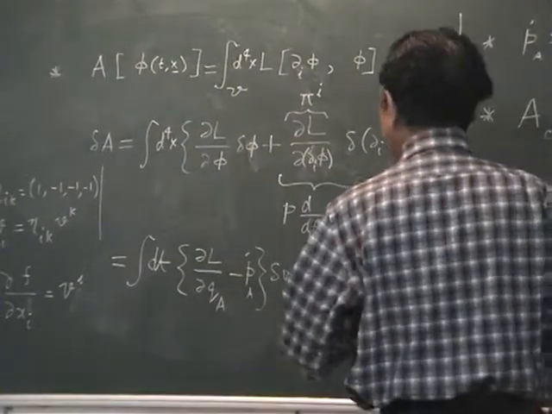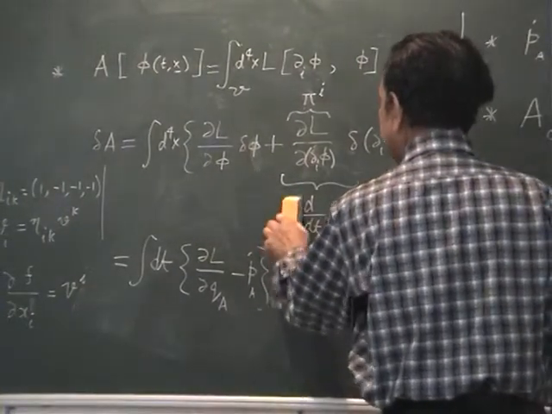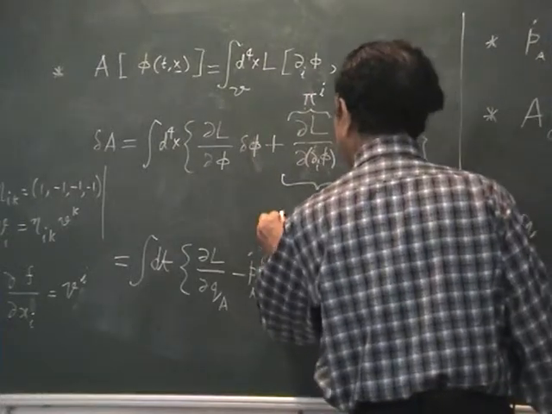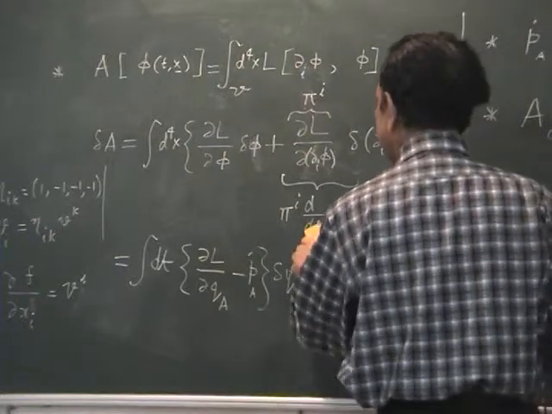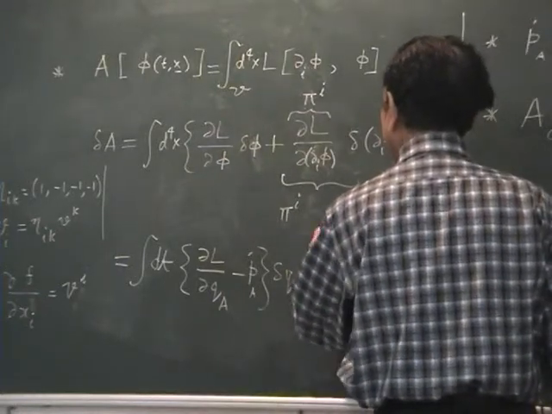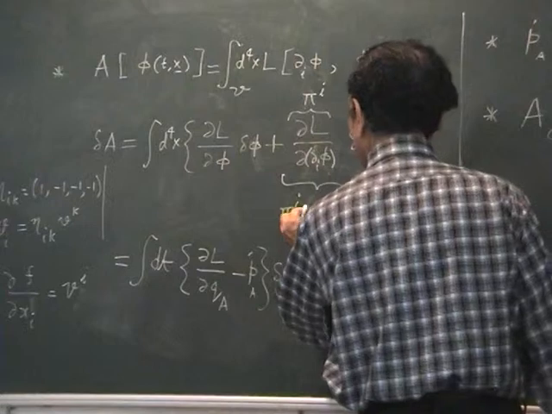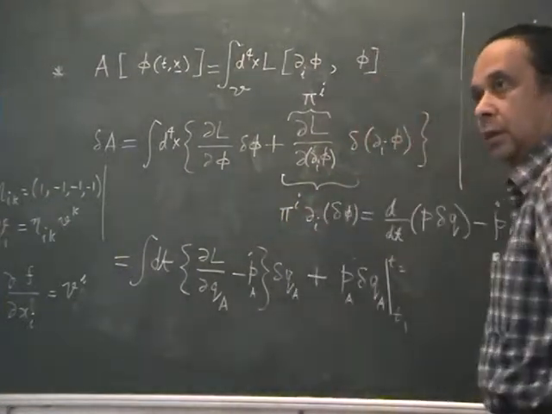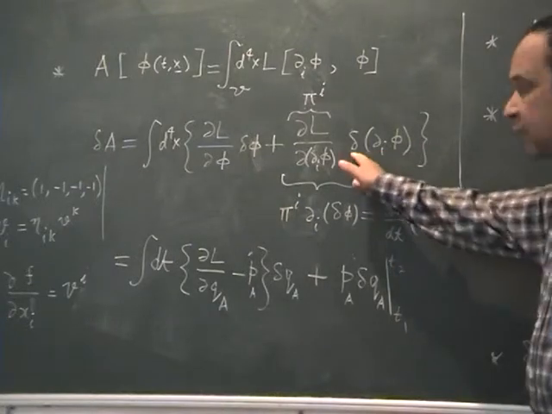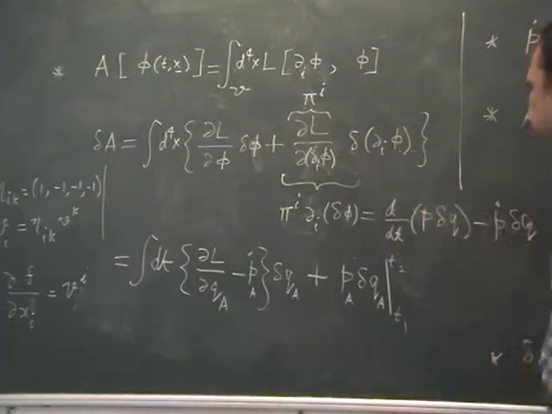So now we want to rewrite this equation. So here is your pi^i. This I can write as d by dx^i of pi^i delta phi, correct? I'm just flipping these two by the same argument as before.